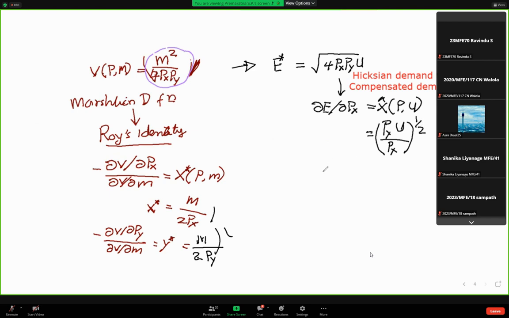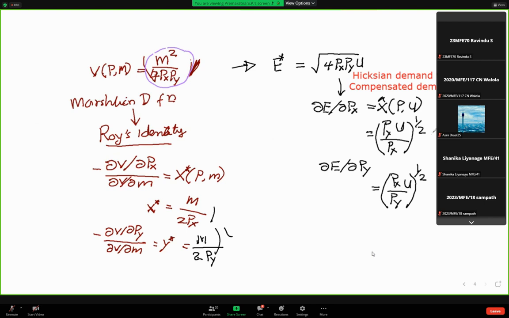Likewise, for the Hicksian demand function for y, we differentiate E with respect to py and there you get the answer px divided by py. So these two functions are called Hicksian demand functions.